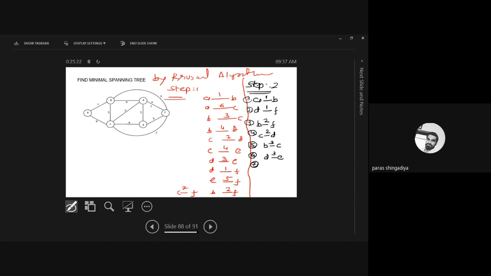Now 4. So 4 are in between B and D. So 4, 8, that is in between D and E. Sorry, C and E. So weight 4. And after 9, yeah, 4 is now done. C and F, that is a 5.